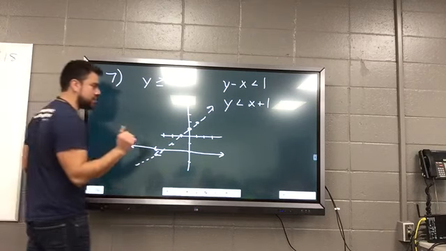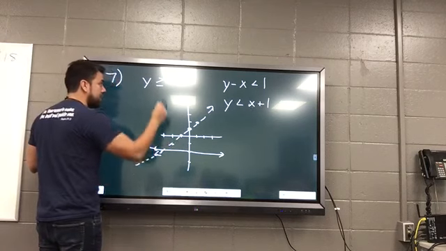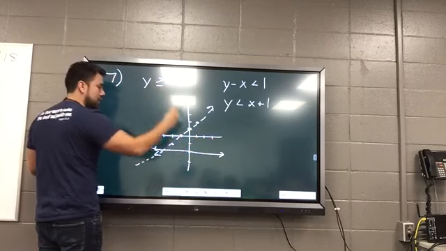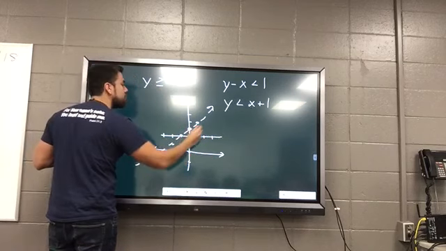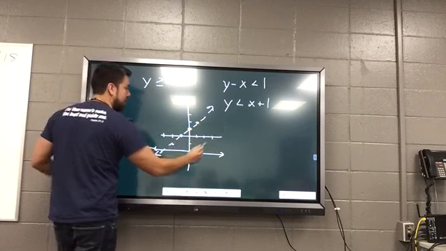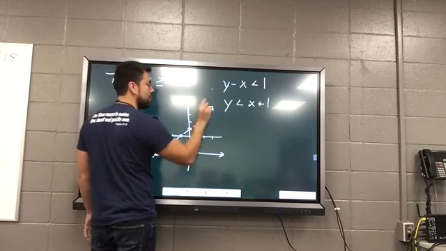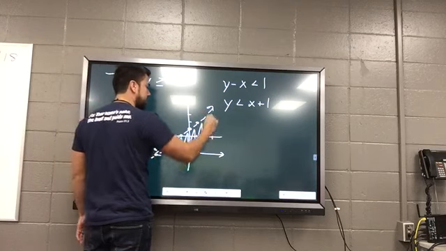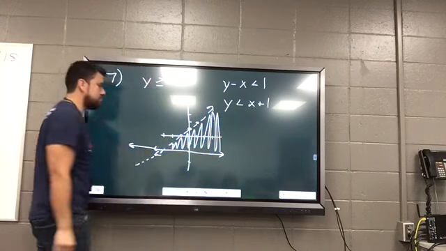Okay, right. So this is how I check it. Is this region greater than the solid line? Yes. Is this region also less than the dashed line? And the answer to that is yes.